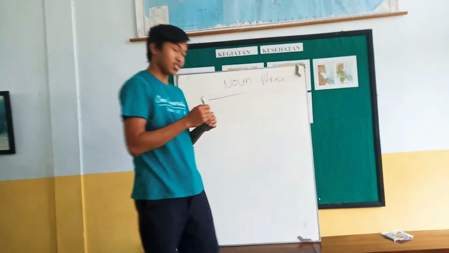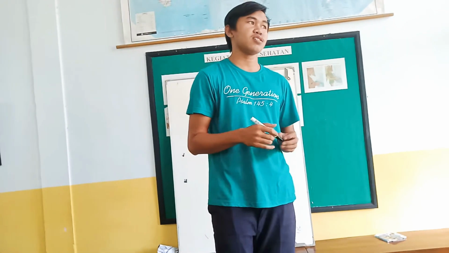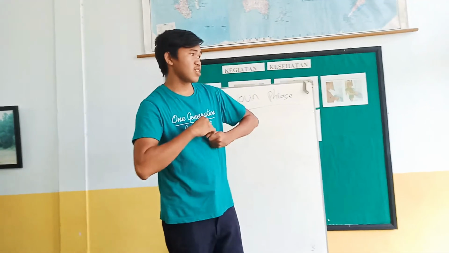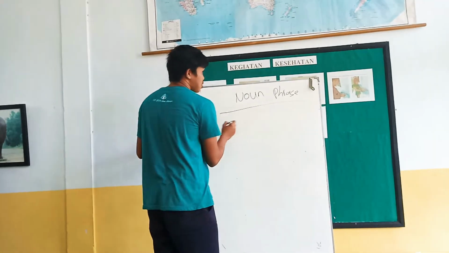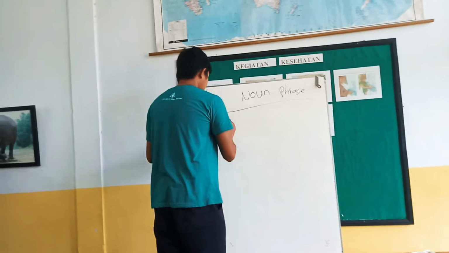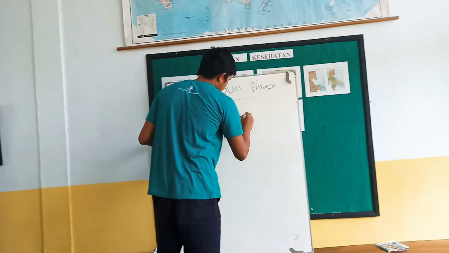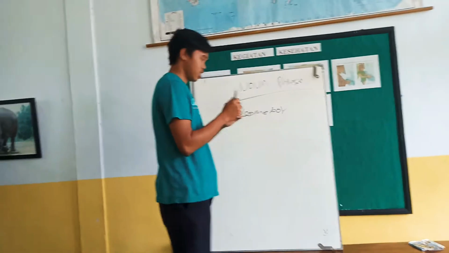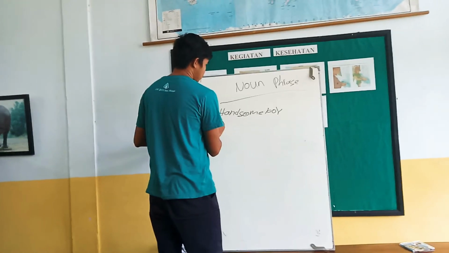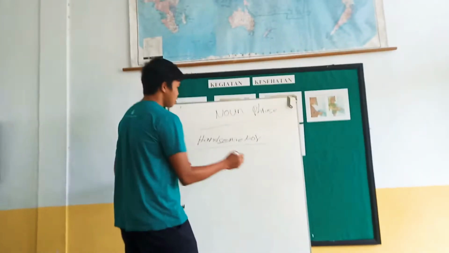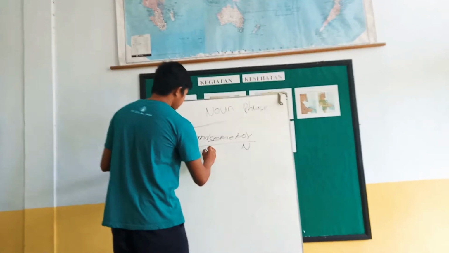Okay, noun phrase. A noun phrase is a phrase that is used to describe a noun more specifically. For example, handsome boy. In here, boy is a noun and handsome is an adjective.